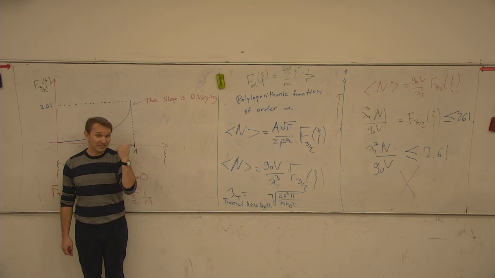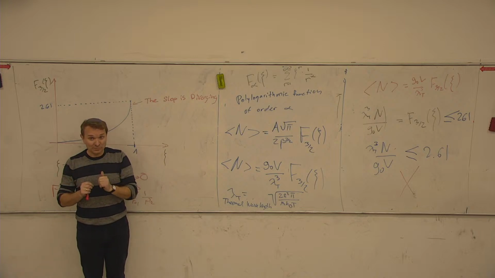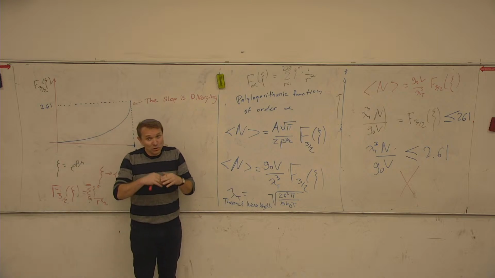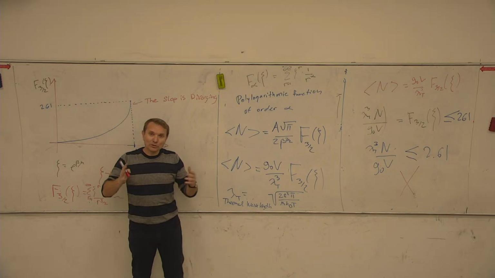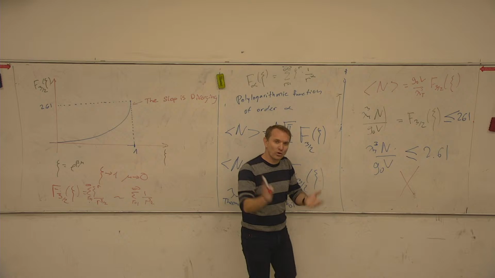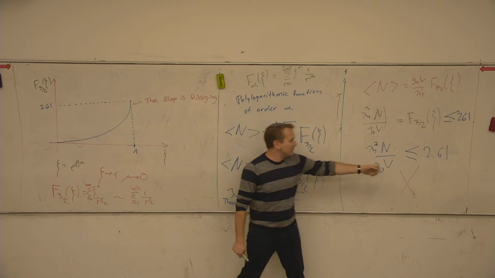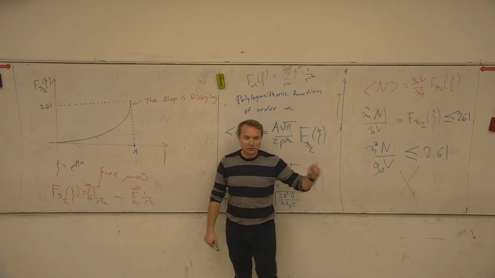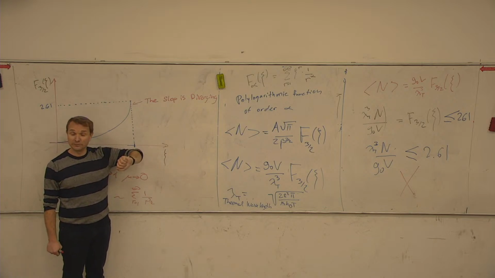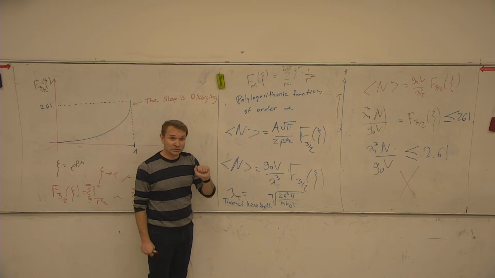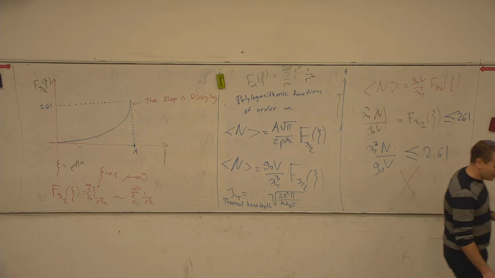The same goes here. I assume that the number of particles in the box is almost constant. It has some small variations, but I can always increase it. It's going to modify mu somehow. Who cares? Think about it physically. I can always push more and more particles inside the box. At some point maybe it's impossible, but it's definitely not at this limit. That's what I'm saying, so something went absolutely wrong. We'll see what exactly went wrong. It's not the integrals. It's some very small assumptions that we made along the way.